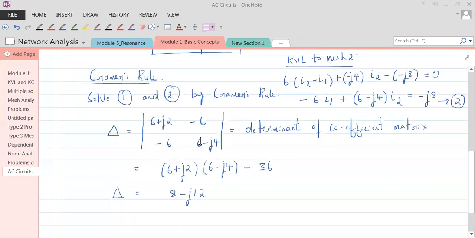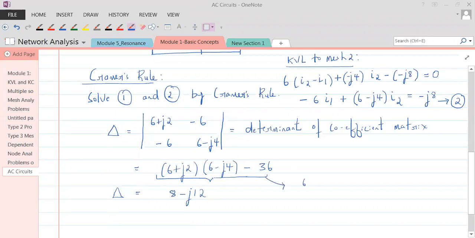Since this is the first problem, you may be curious how we are going to deal with this. In the calculators, to calculate this, you should be in the complex mode.